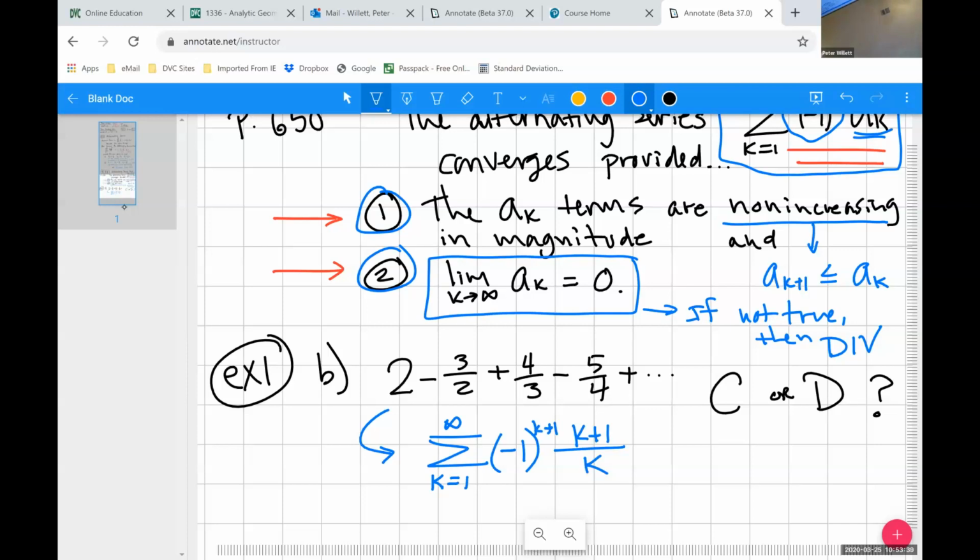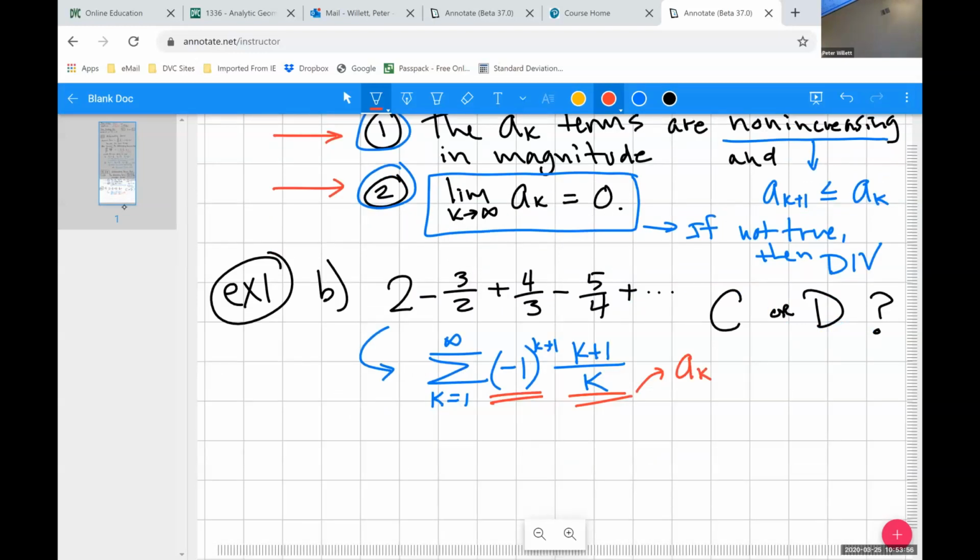And so in this notation, this part causes it to alternate. And this part we're going to call our a sub k part, meaning the part that's not causing it to alternate, but is a formula. So then we can see that the limit as k tends to infinity of k plus 1 over k. And there's lots of ways we can do this, L'Hopital's rule, and algebraic manipulation, but you get a 1.